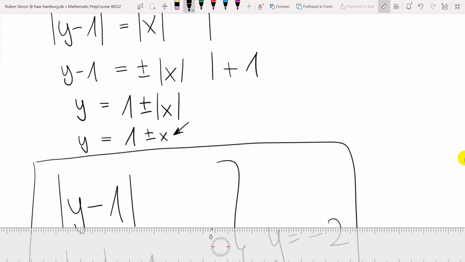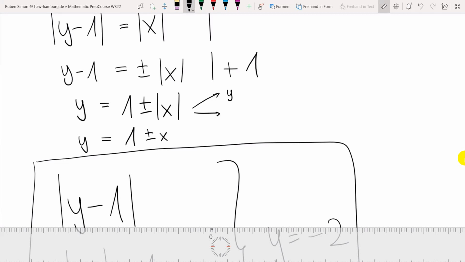Why can I do that? Because there's always going to be two possibilities. So let's do the splitting into two equations.